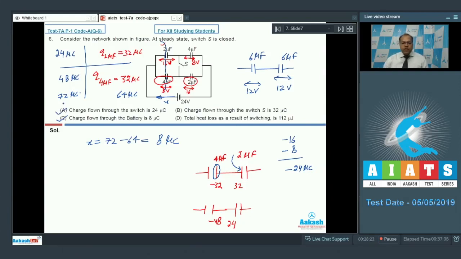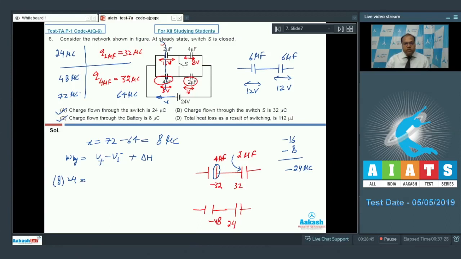Now we have to find out the total heat loss as a result of switching. In order to calculate it, the work done by the battery is equal to U final minus U initial plus heat loss. The work done by the battery is 8 microcoulomb into 24. That is equal to U final minus U initial plus heat loss.